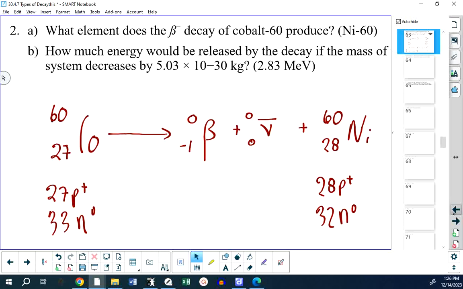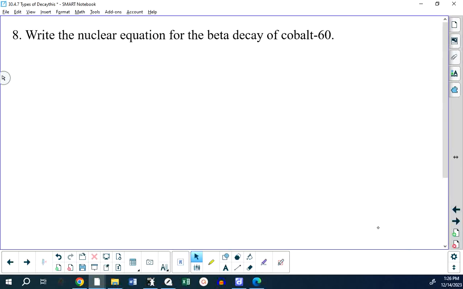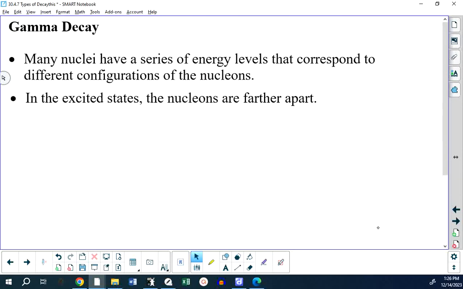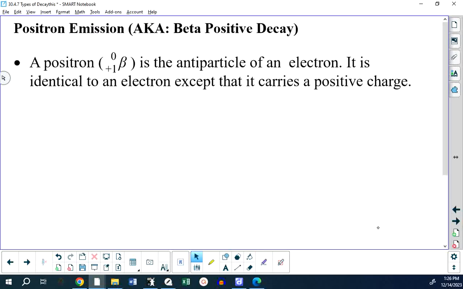It said beta negative decay. First of all, if you ever see the phrase beta decay, it means beta negative decay. But there's another type of beta decay, which is called positron decay. And positron decay is beta positive decay. Otherwise, you have to have the positive there. A positron is the antiparticle of an electron.